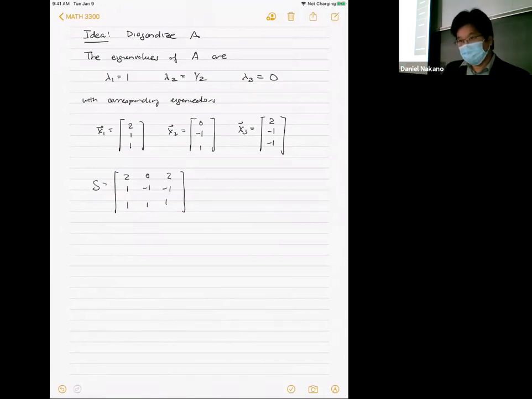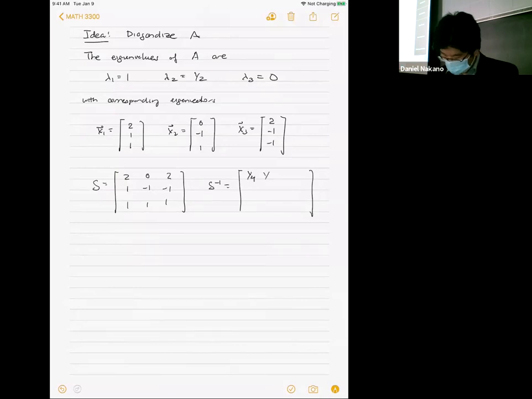Either you can use the cofactor method or you can use Gaussian elimination. So then you can find S inverse, and let me write out the answer for the inverse: 1/4, 1/4, 1/4, 0, minus 1/2, 1/2, and 1/4, minus 1/4, minus 1/4. Okay?